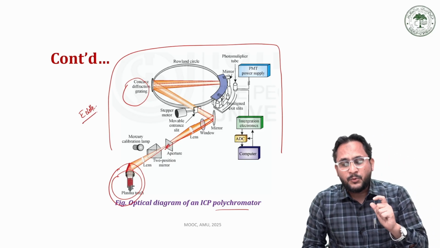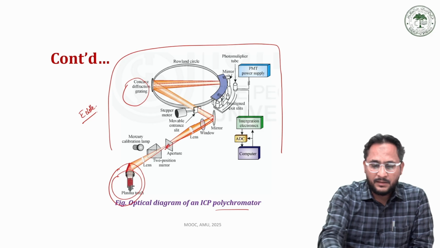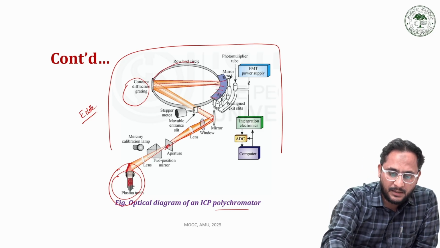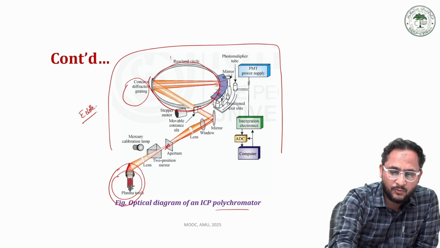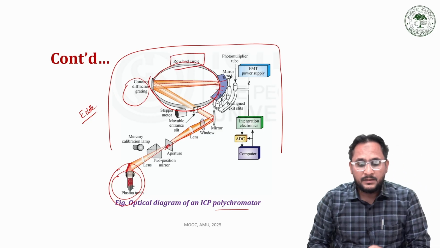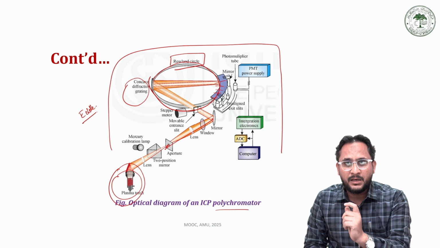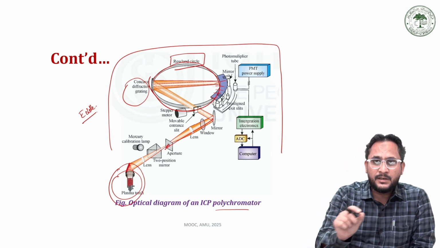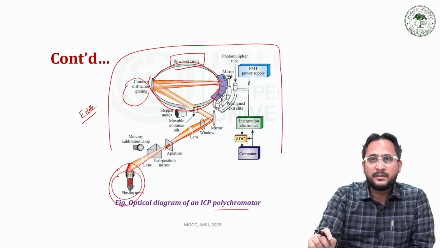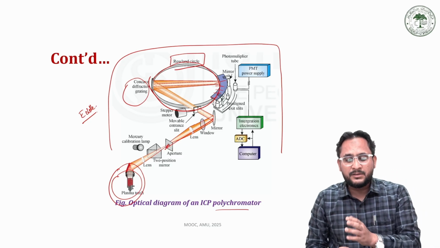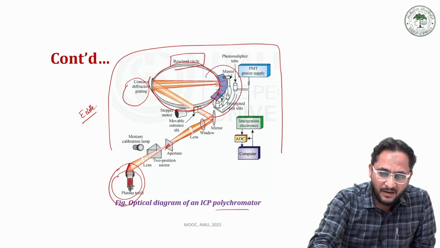Now in the case of this polychromator, we have multiple exit slits. These multiple exit slits are placed on a circle, called the Rowland circle. This circle can be moved very easily, and by moving the circle we can put different slits in front of this light radiation, so that we can pass multiple light radiations in a single run.